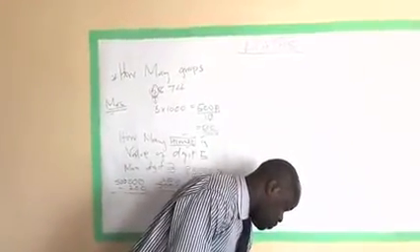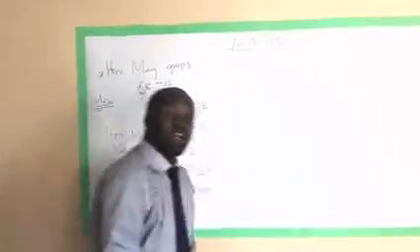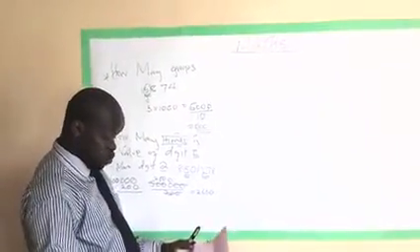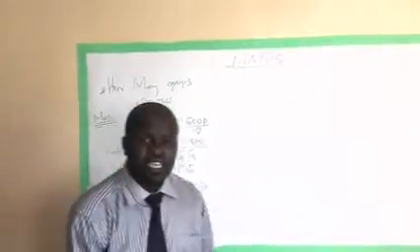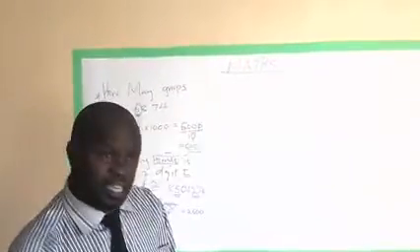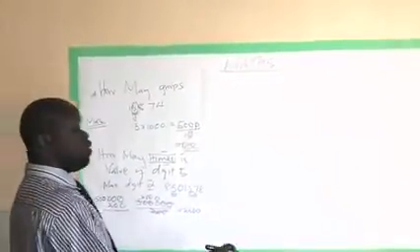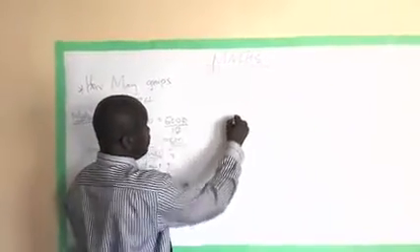Now, once we have understood that very well, you will find some exercises and do. Another area is where we have percentage increase and percentage decrease. Now, there is a table I normally form. This is my table.